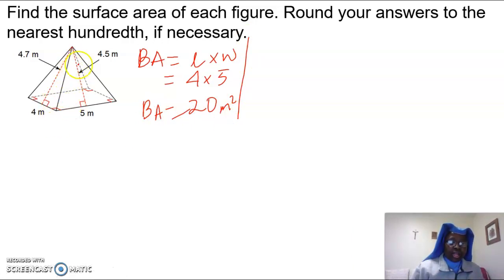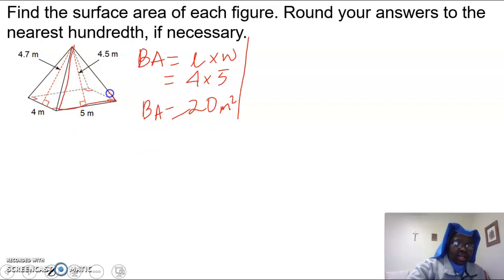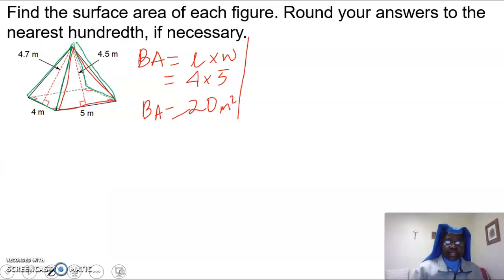Since the base is a rectangle, two sides of a rectangle are congruent, so the lateral faces opposite each other are going to be congruent as well. The one I just mapped out in green has a base and a height. Let's call it lateral area 1.